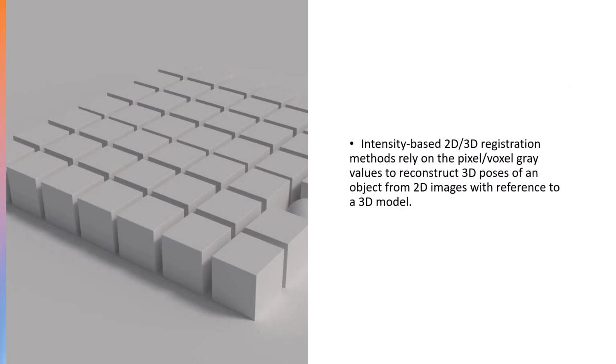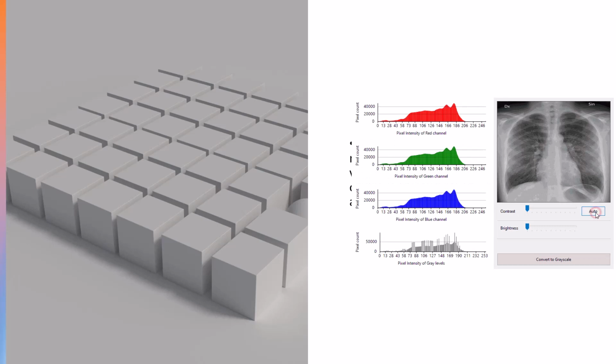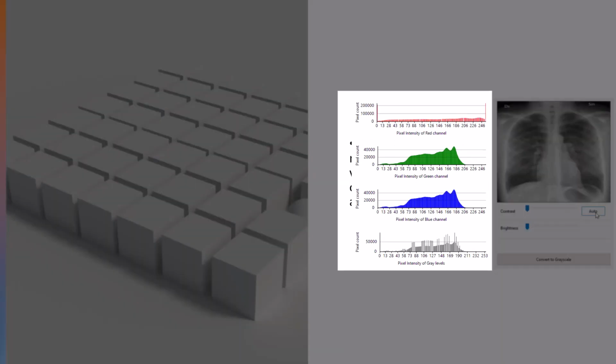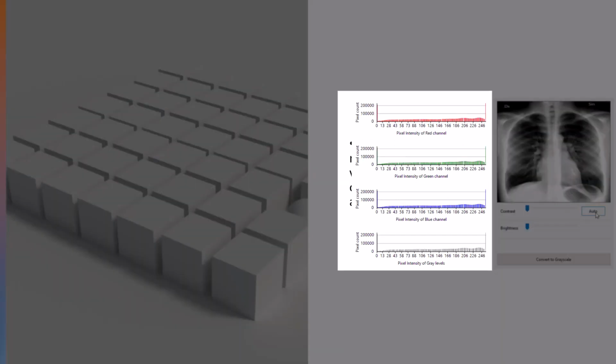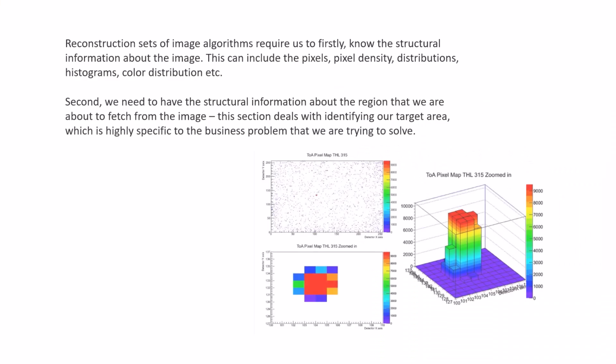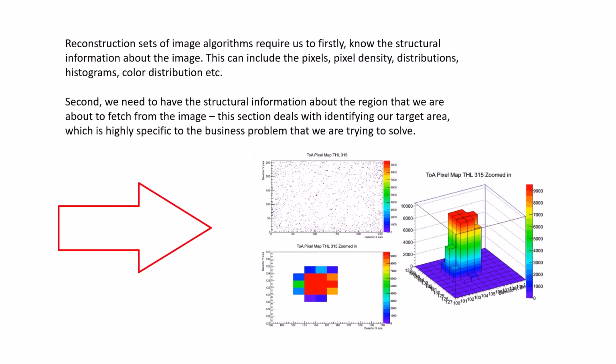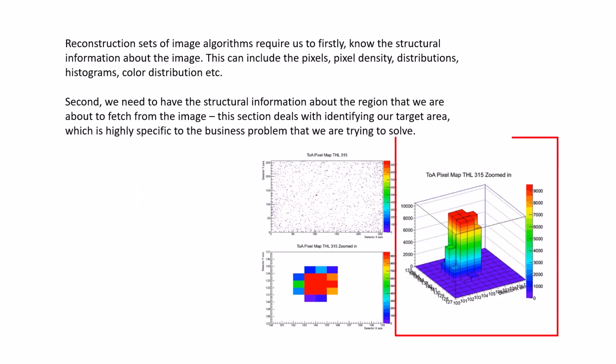Intensity-based 2D and 3D registration of the data collected in an image exposure allows us to create 2D and 3D images. A histogram is nothing more than a graph or a map of this data. Using the data that we have gathered on a three-dimensional histogram, we're able to create 3D objects or images.